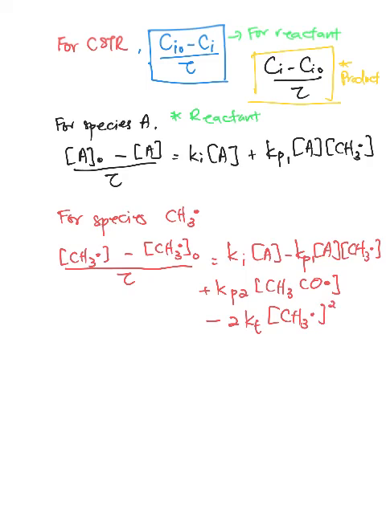So the difference is at the left hand side only, because we want to show it is the mass balance for a CSTR. For the other species it is the same, so just change the left hand side of the equation.